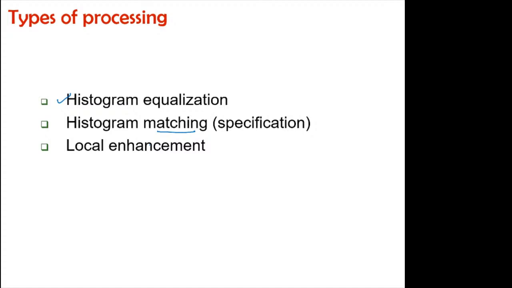When we say local histogram equalization or local histogram matching, that means a part of the image is being improved, that's all. Rest is okay, but one part was bad, so we are trying to improve that. Otherwise, when we say in general histogram equalization or HE, the whole image is getting improved.